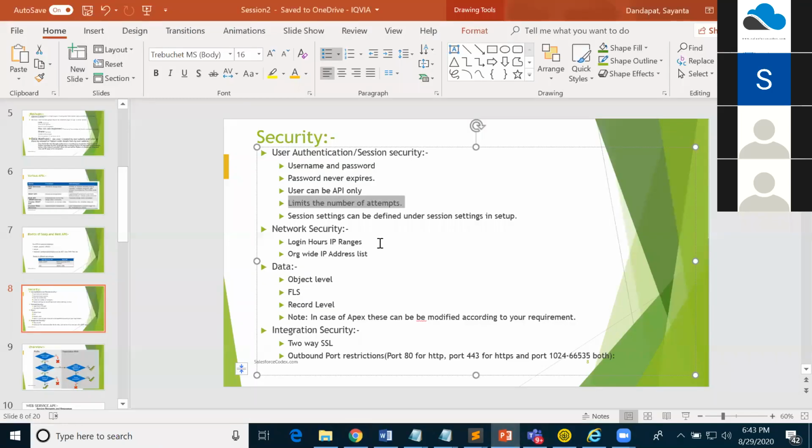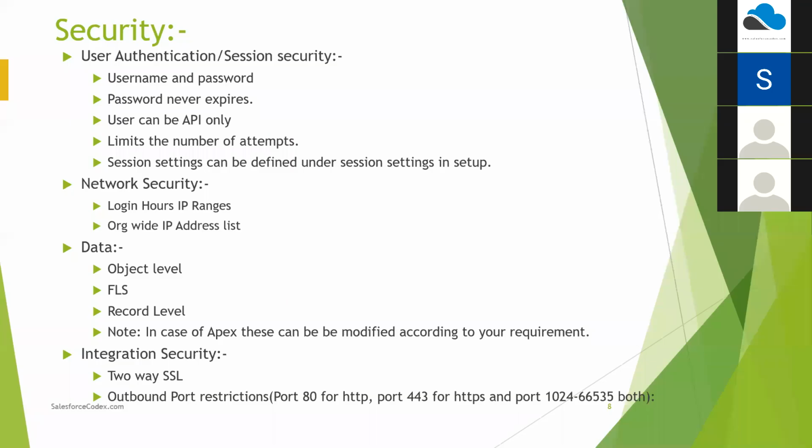Coming to the network security, I discussed the login hours, IP ranges, and the org-wide IP address list. Now the data. I think you people must be aware. Nowadays, whenever you give a FLS or object level access inside a profile, you are keeping your data model secure, isn't it?